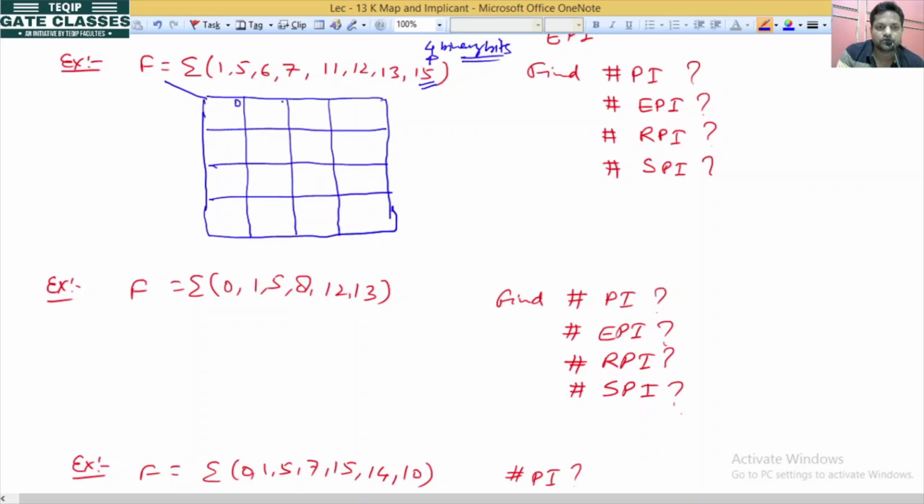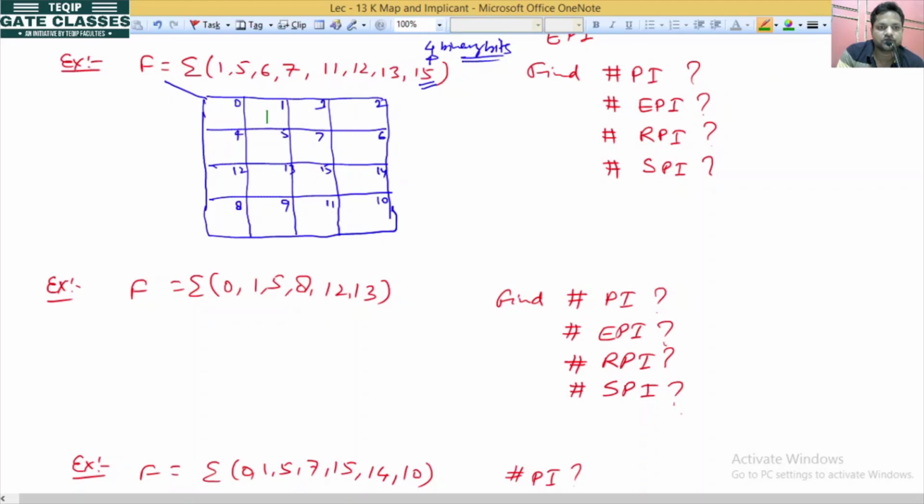Okay, it is 0, 1, jump 2, 3, 4, 5, jump again 6, 7, jump 8, 9, 10, 11, 12, 13, 14, 15.